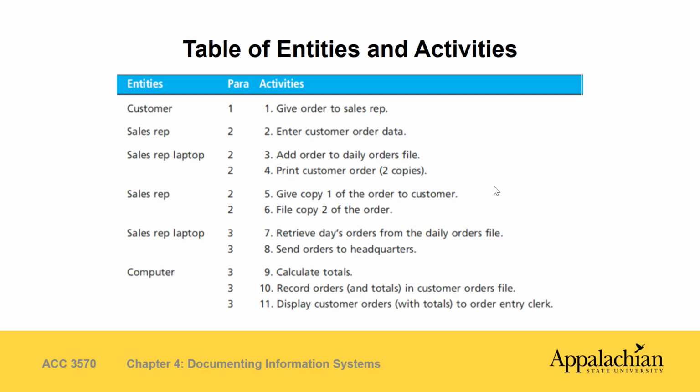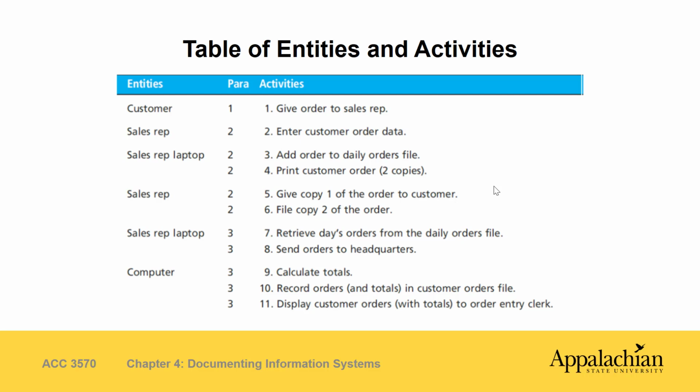And you can see the table of entities and activities separates them into the different entities and the activities within those entities in chronological order. So you've got customer gives order to sales rep, enter customer order data, sales rep laptop, add order to daily order files, and then the sales rep laptop prints customer order, 2 copies.